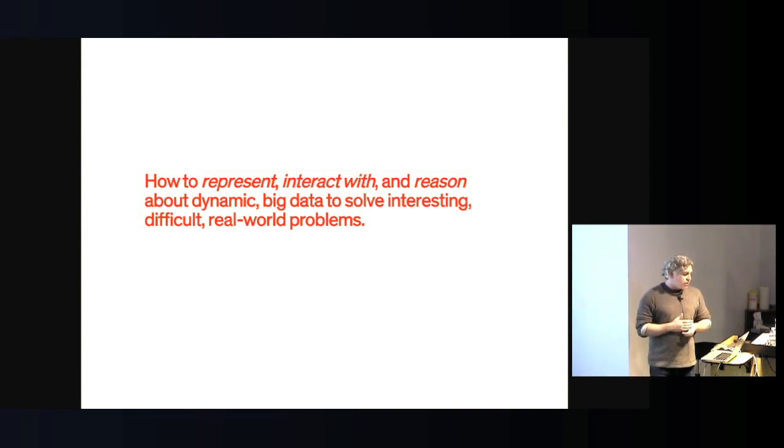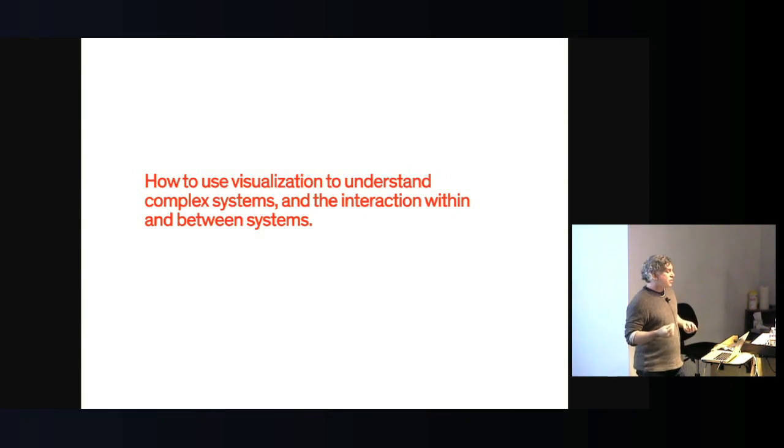I've been doing a lot of work in the last few years on promoting a visualization art symposium within IEEE Viz, the main visualization conference, that brings together designers and artists to think about representation, interaction, and different ways of conceiving data. Nonetheless, one of my main interests is thinking about how to represent, interact with, and reason about dynamic big data to solve interesting, difficult, real-world problems, and how to use visualization to understand complex systems and the interaction within and between systems.